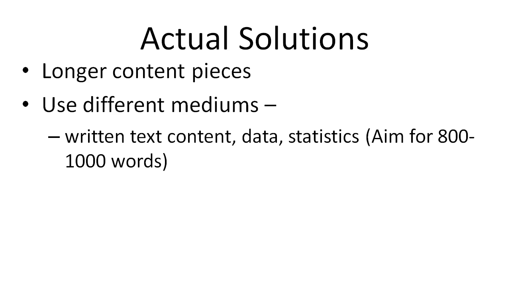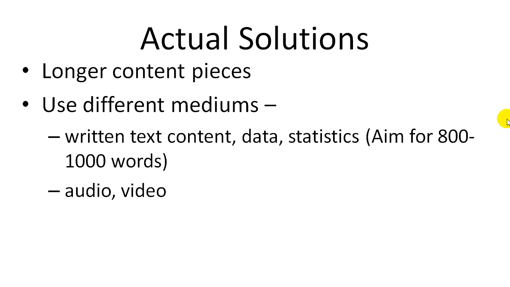Some of you may not have statistics to write about. Some of you may not have data to write about, but you might have certain content to write about. But whether it's data, whether it's statistics, whether it's content, your goal is to write at least and aim for 800 to 1,000 words. If you can do that, you got a longer piece of content.